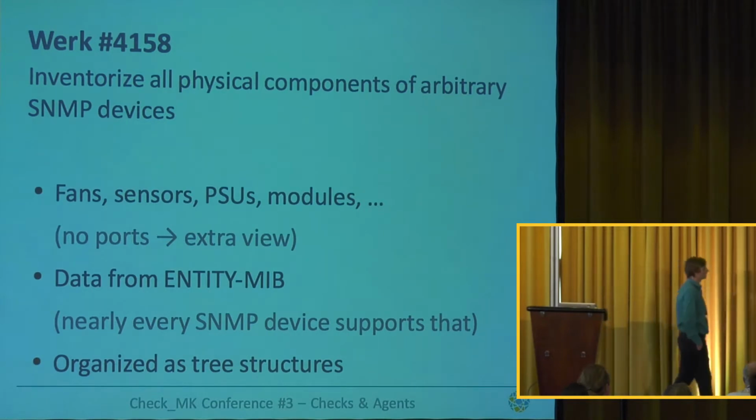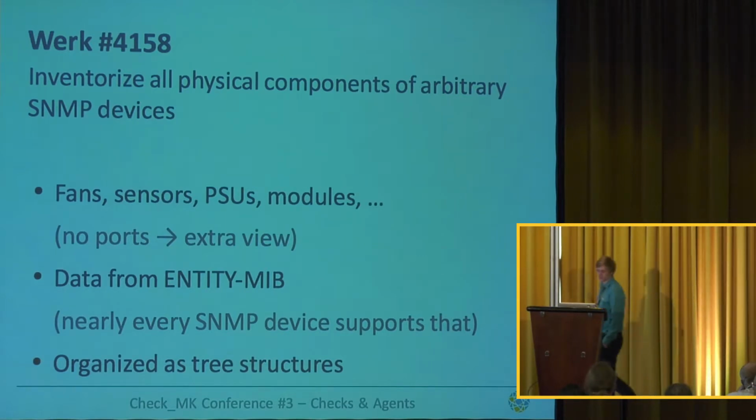Those physical components could be fans, sensors, modules, and also others, of course. And the ports are left out because they can be found elsewhere already. The data always stem from the entity MIB. And of course, nearly every SNMP device supports it, so it doesn't depend on the manufacturer.